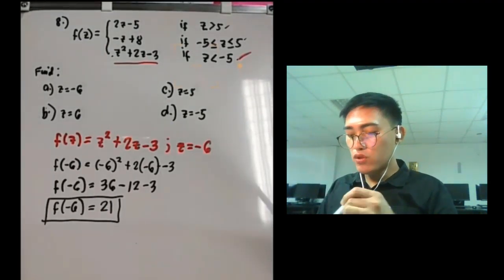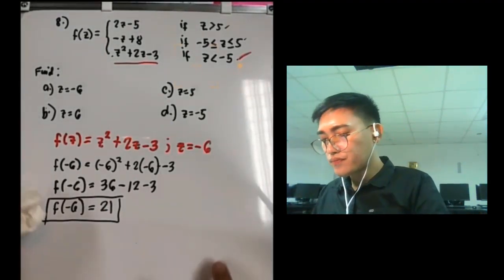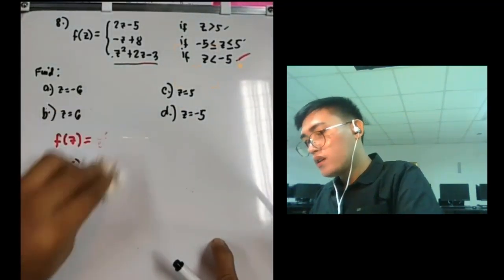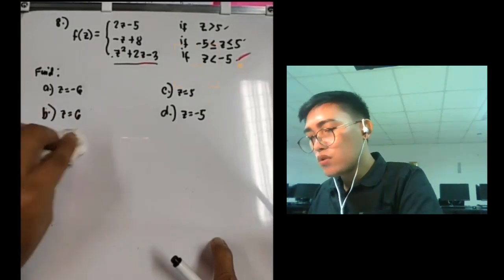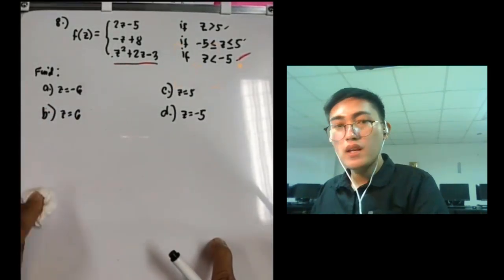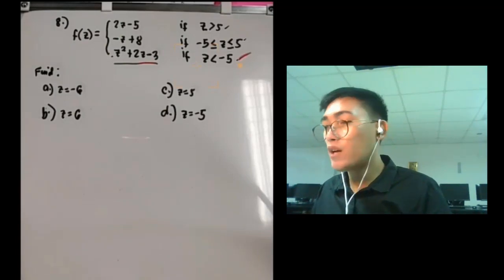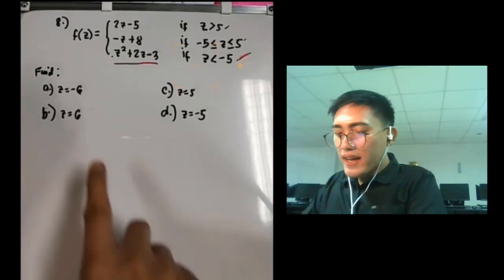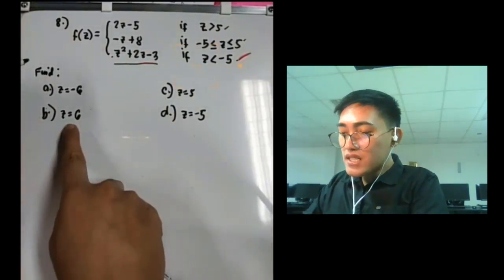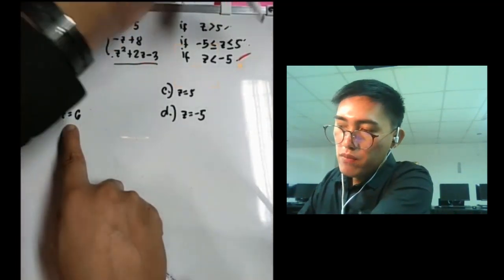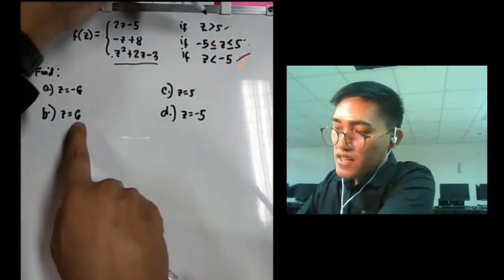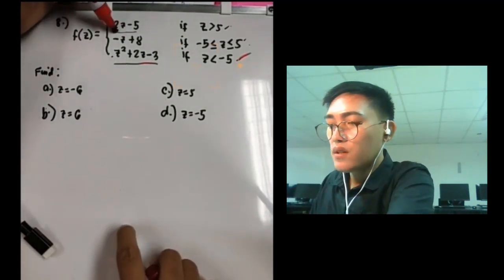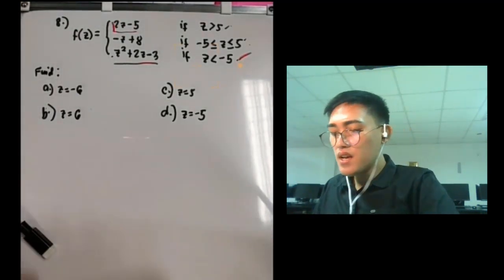Okay, let's go to letter B. I-screenshot nyo na lang po yung solution dito, no? Let's go to letter B kasi wala akong gagamitin na whiteboard. For letter B naman, saan kaya ang gagamitin natin? Equals 6. Ito ba or ito ba? Yung una kasi 6 is greater than 5. So we will use this function. That function. Okay? Let us write now.